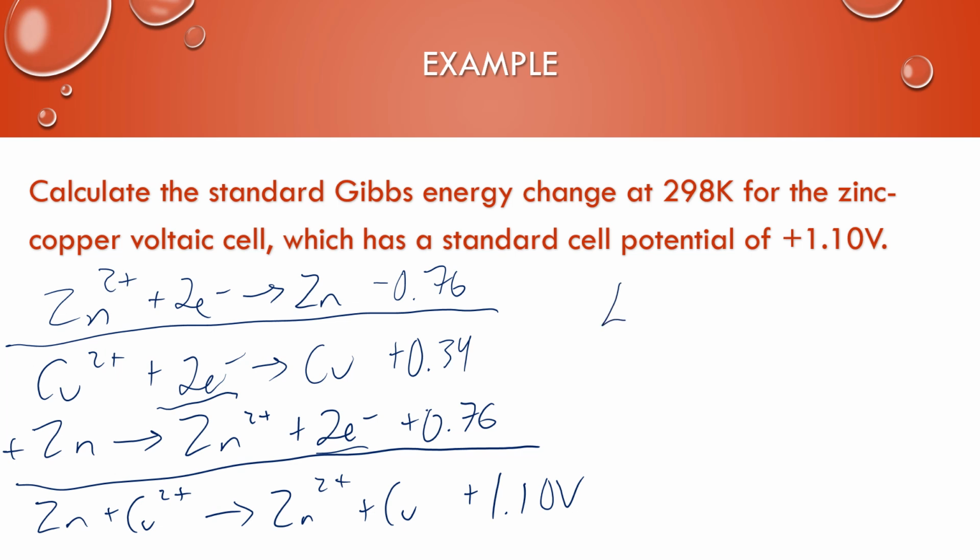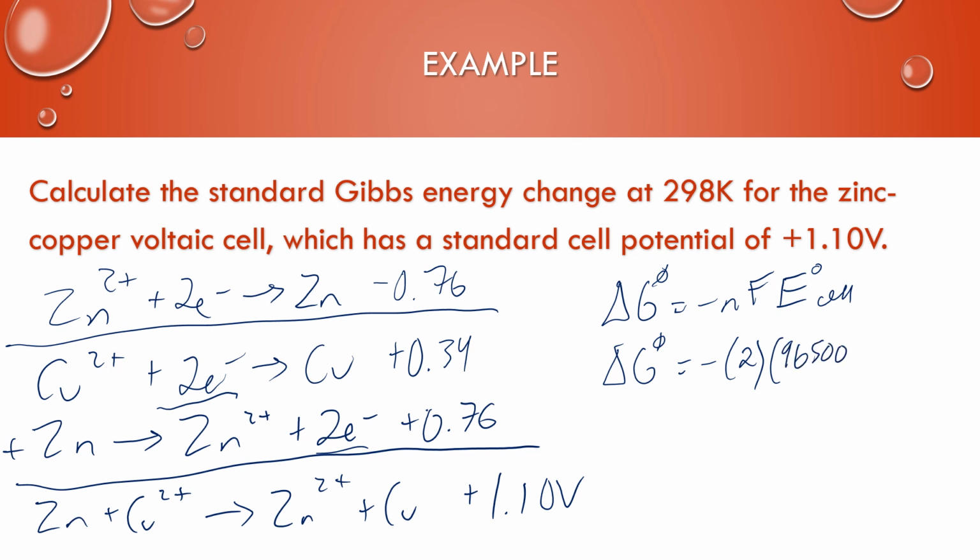So then you will use our equation delta G equals negative n F E. So this is a 2-electron process. Faraday's constant is 96,500, and our cell potential is 1.10 volts.